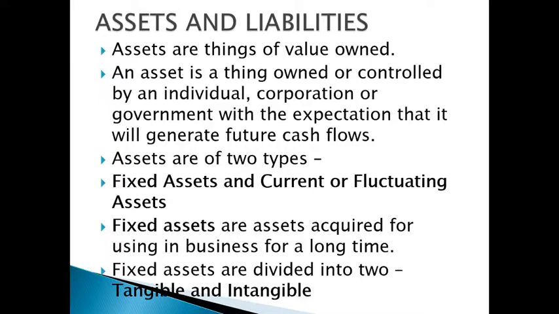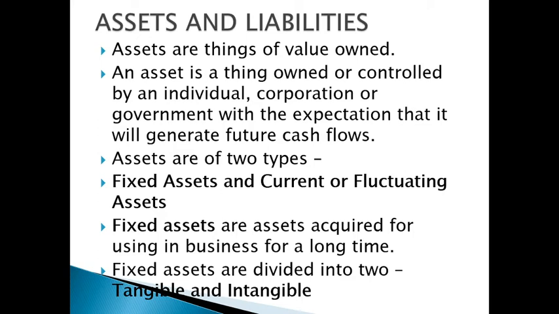Assets and liabilities. Assets are things of value owned. Assets mainly are of 2 types: fixed assets and fluctuating assets. Fixed assets means assets that are used for a long period.